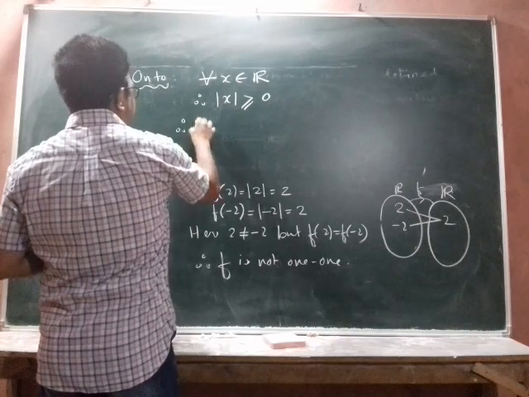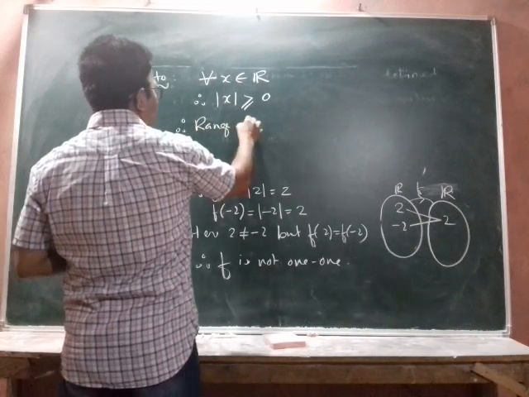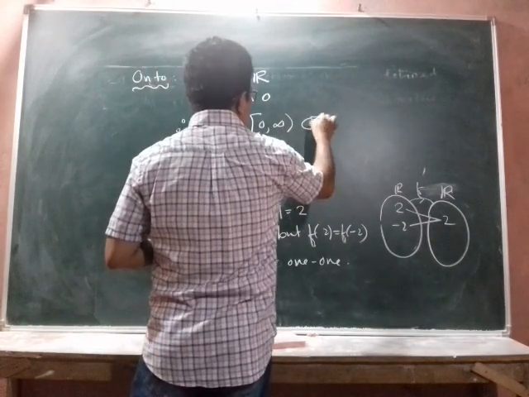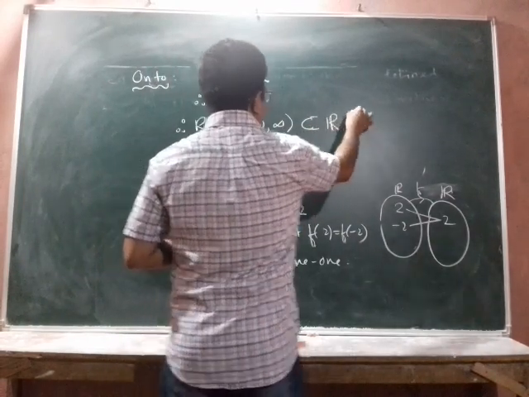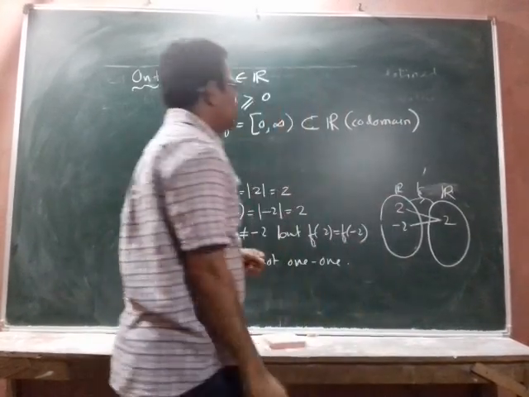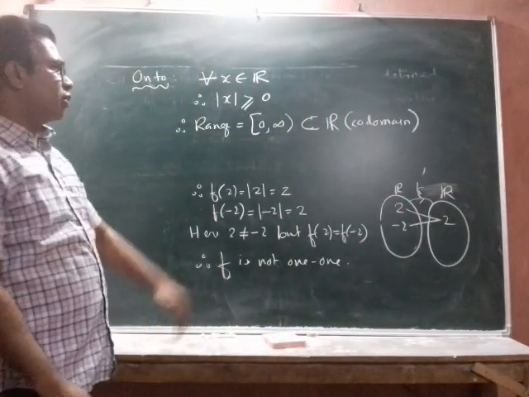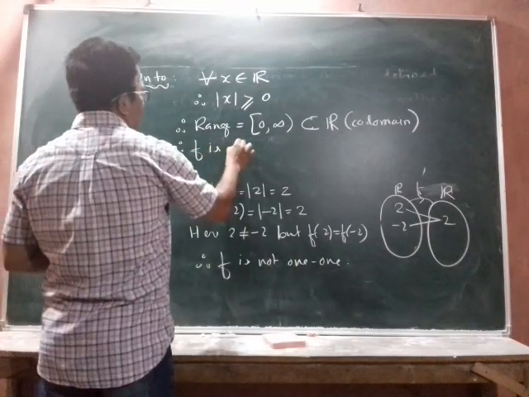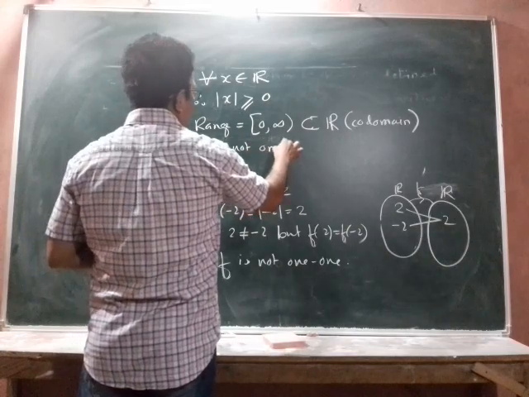So in this case, the range will become 0 to infinity, which is a subset of R, the codomain. That means range is not equal to codomain. So therefore f is not onto.